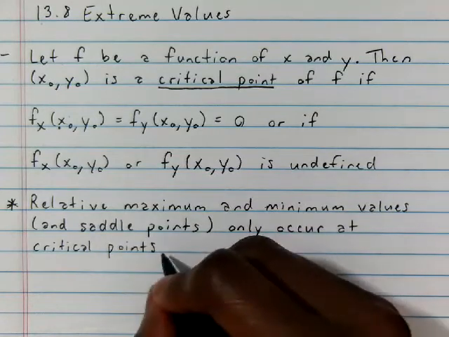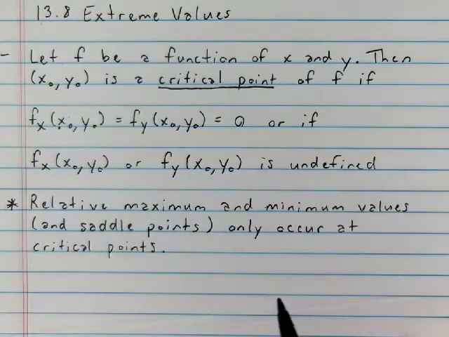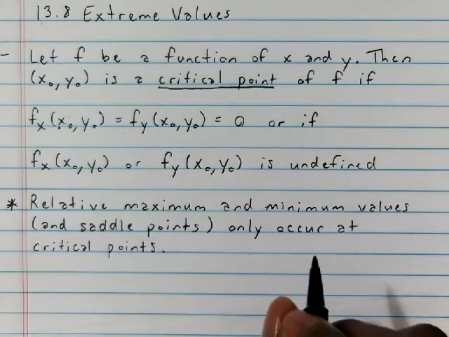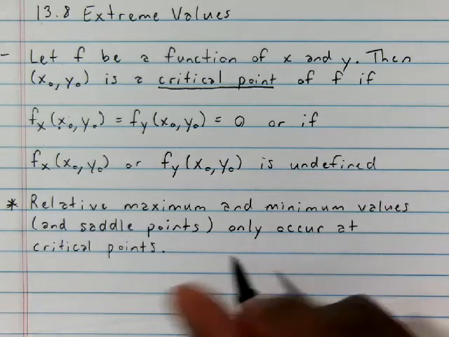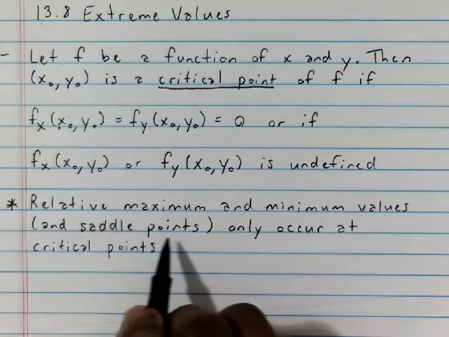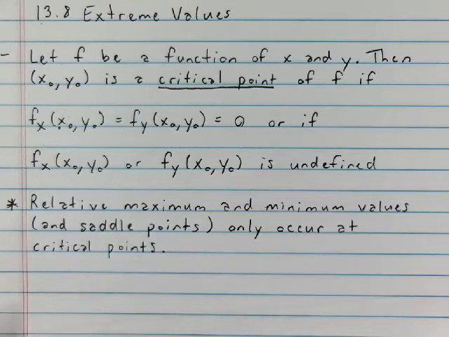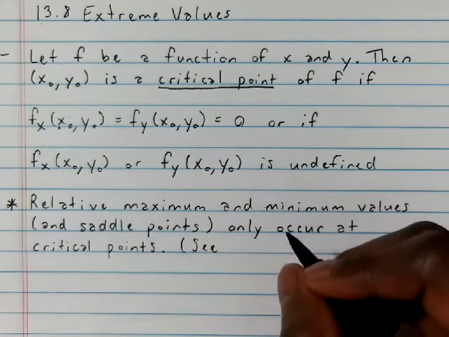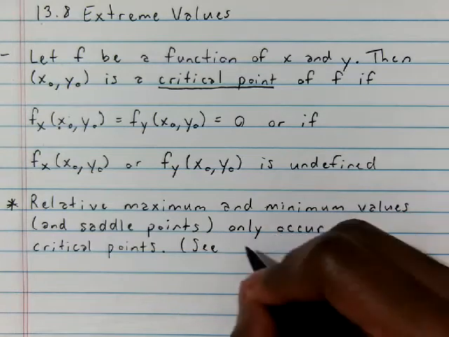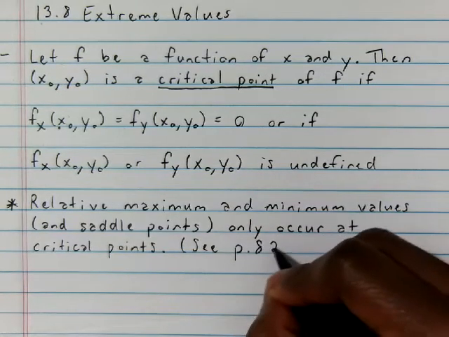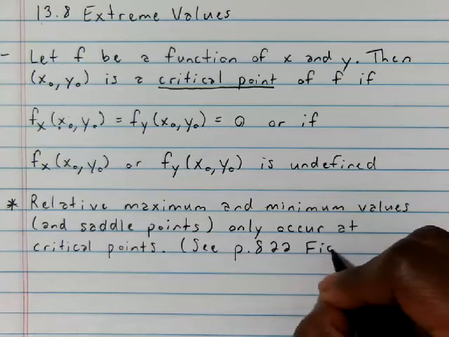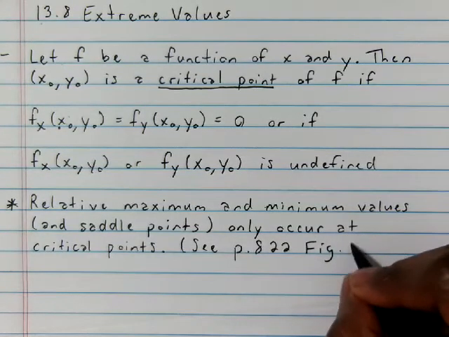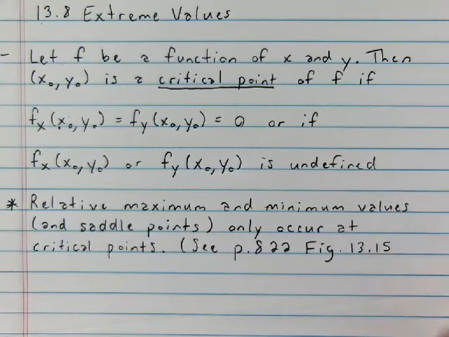And if you look back at quadric surfaces, a saddle was actually introduced there. So you can see page 822, figure 13.15.